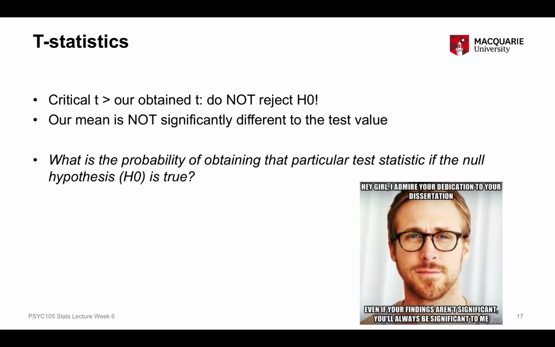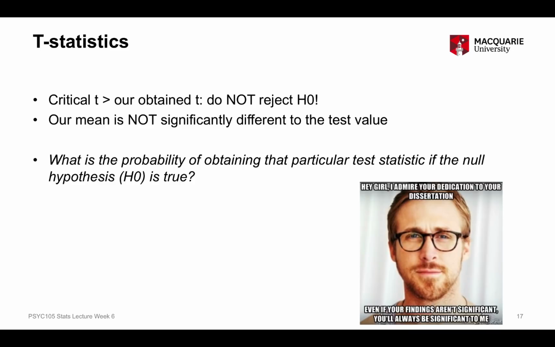And remember that the process that we just undertook is to look to see the probability of obtaining a particular test statistic if the null hypothesis is true. In this instance, there's quite a high probability that we've obtained a t-statistic of 0.67 if the null hypothesis is true, and therefore we do not reject the null hypothesis.